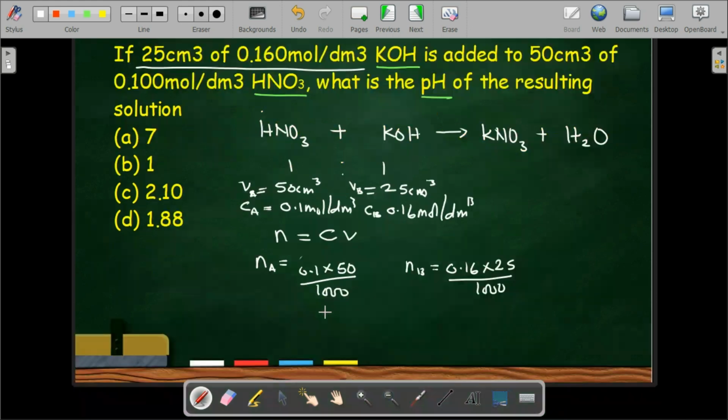Having done this, the number of moles of the acid is 0.05 moles, while that of the base is 0.004 moles. So what does this tell us?